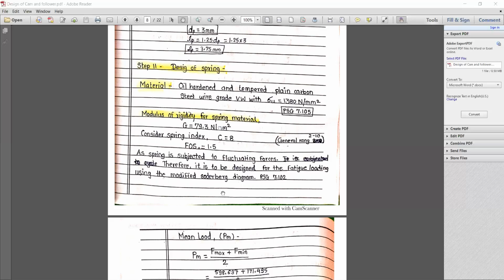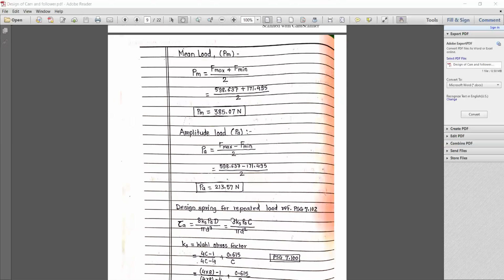The spring is subjected to continuous fluctuating stresses, therefore it is designed for a fatigue load using the modified Soderberg diagram, which is shown on PSG page number 7.102. So the calculation of mean load: Pm is equal to maximum load plus minimum load divided by 2. So mean load is equal to 385.07 Newton.